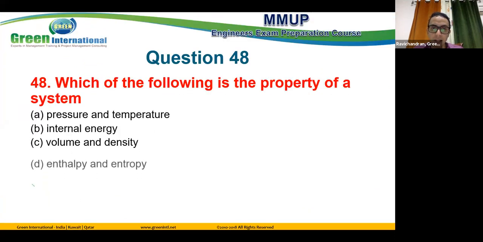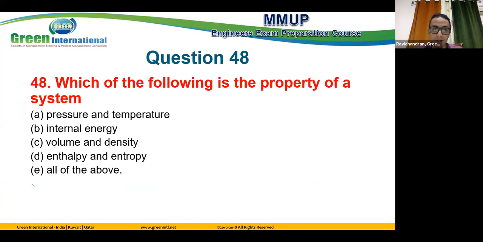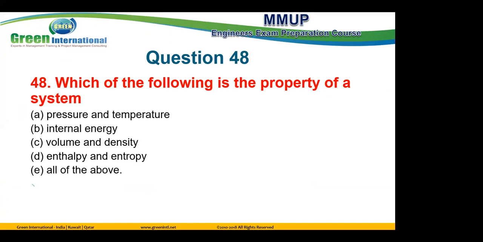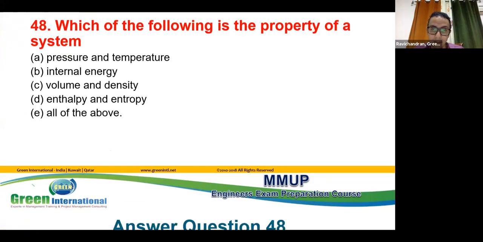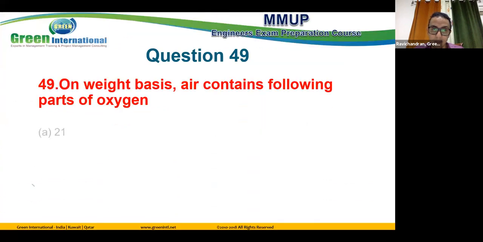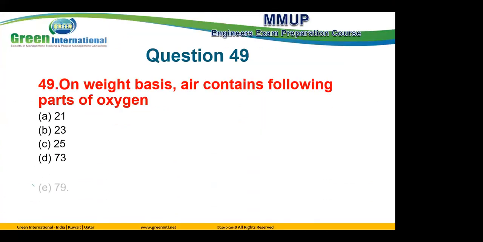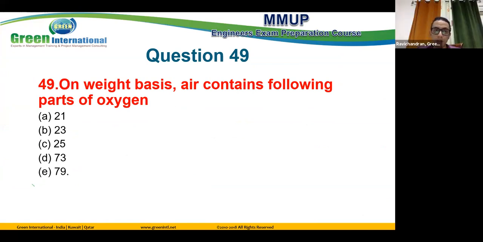Which of the following is the property of a system? All of the above. Yes, exactly. The air contains how many parts of oxygen on a weight basis?